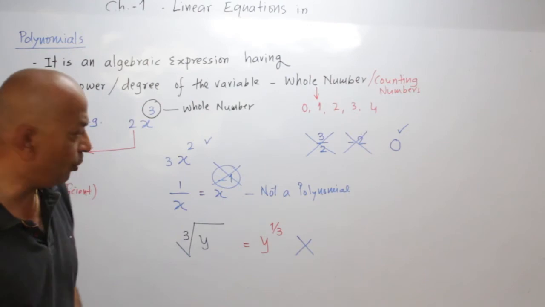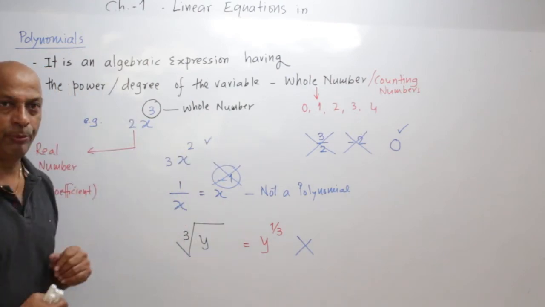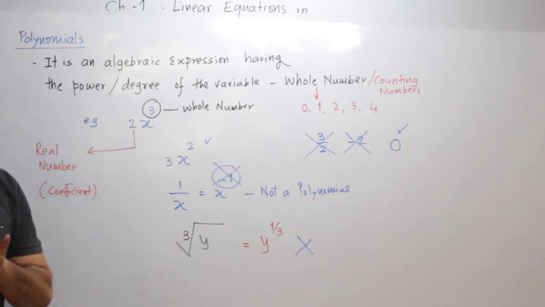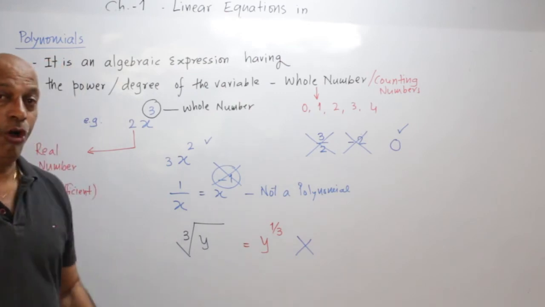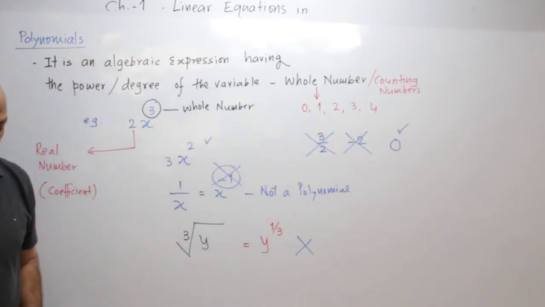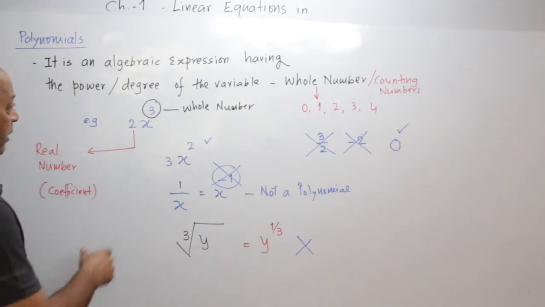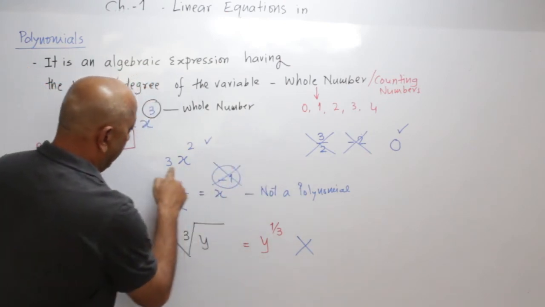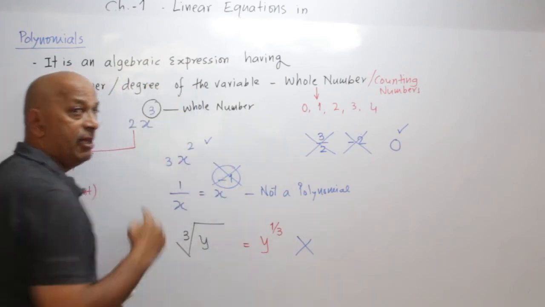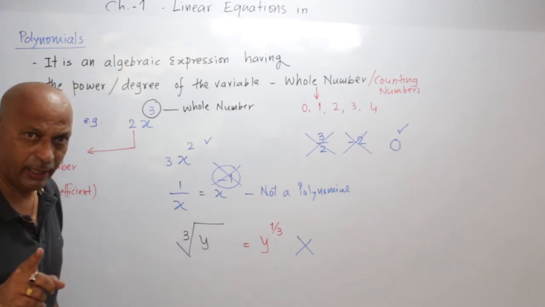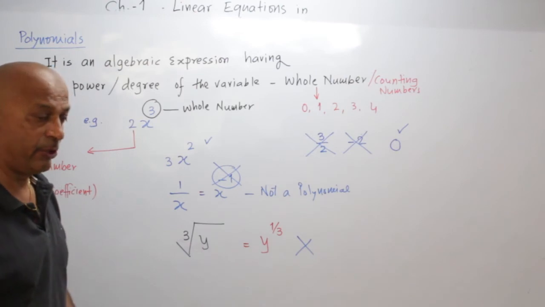I think now we are getting this concept of polynomial. Polynomial is an algebraic expression where the degree of the variable is always a whole number. So we can conclude every polynomial is an algebraic expression. बरोबर है ना? Because that satisfies the requirement of algebraic expression.